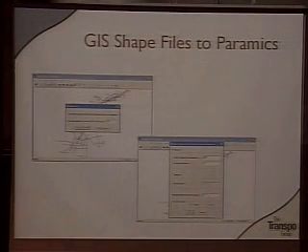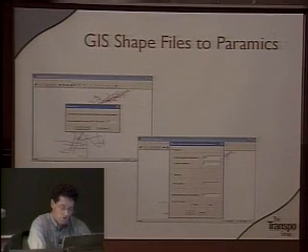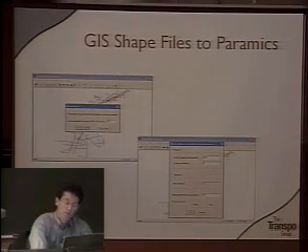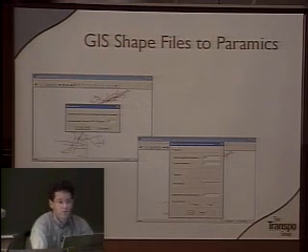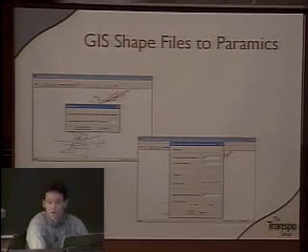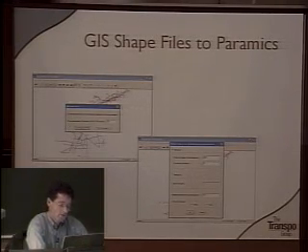Like I said, there's also the option of using some GIS conversion tools. We actually were involved in a project to develop a conversion tool from ArcView to Paramics, and we've tested and used this conversion tool on some network building applications, and that's pretty powerful.